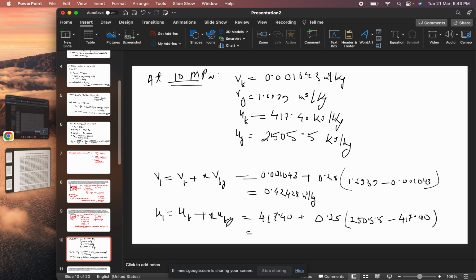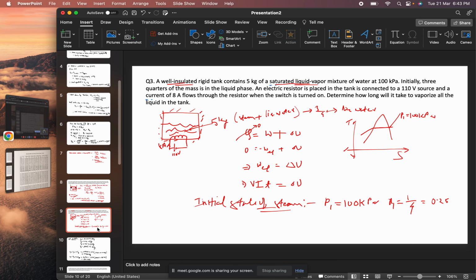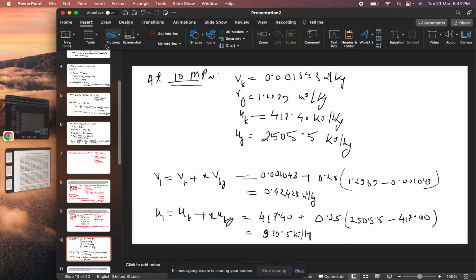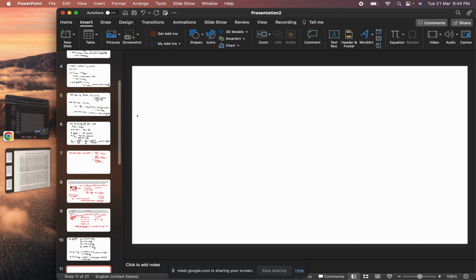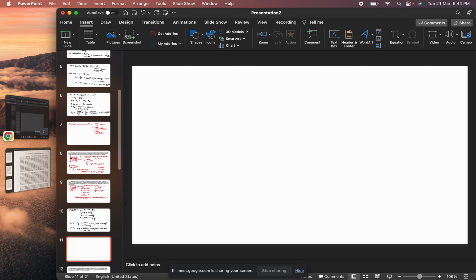This one you'll get as 939.5 kilojoule per kg. So I have got u1. The initial state of the steam I have got. Whatever things I require for the calculation, I have got for the initial state of the steam.